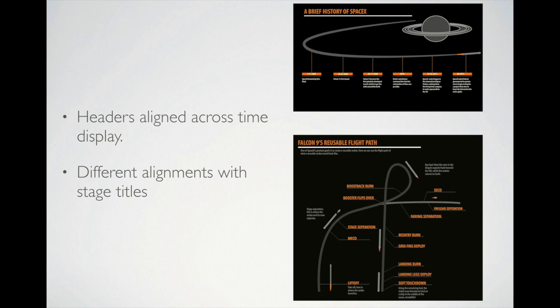And then re-entry, grid fins, landing burn, landing leg deployment, and soft touchdown are aligned. That really creates a sense of cohesion in a display. It makes it feel more boxy and more professional, it leads and guides your eye, it groups elements together, and overall just increases the visual aesthetic.